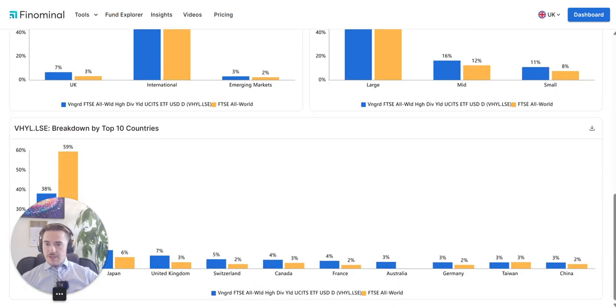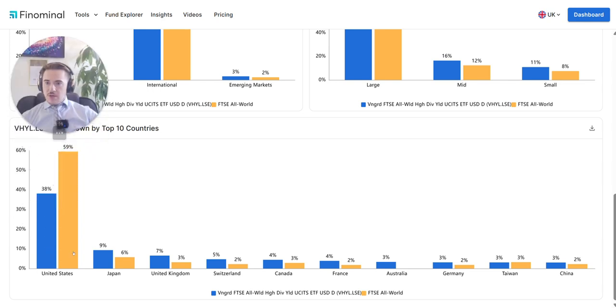Looking at the breakdown by top 10 countries, we can see the majority in the US at 38% for the fund versus the FTSE All-World at 59%, so considerably less US exposure for the fund. We have also got increased exposure to Japan at 9% versus the benchmark's 6%, as well as the UK at 7% versus the benchmark's 3%, and the residual amounts shown there as well.